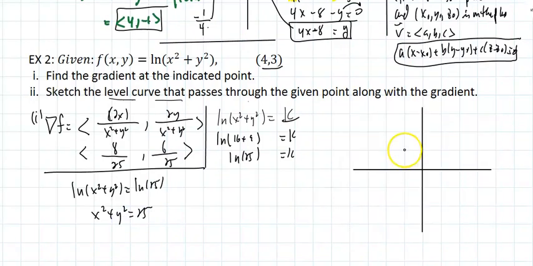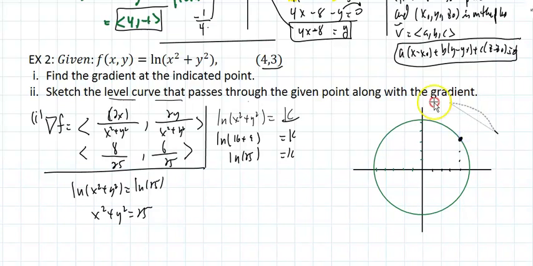If I am to move, the graph would look something like this. There. The point 4, 3 is right there.